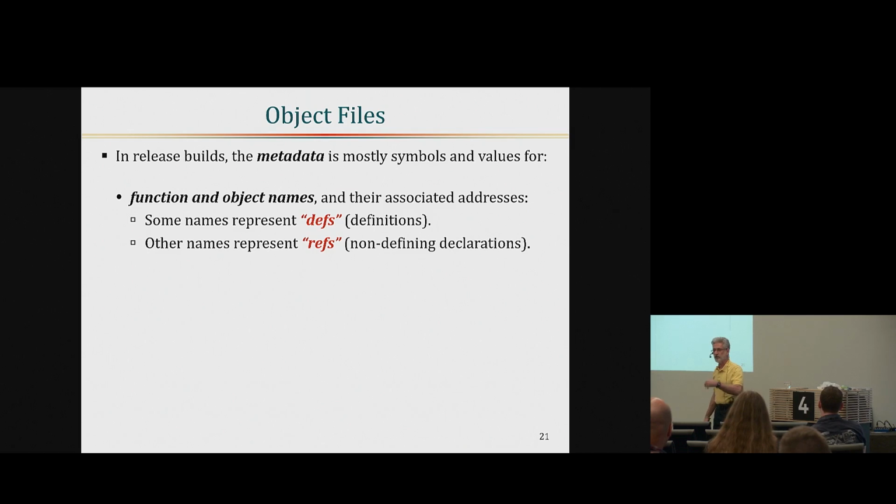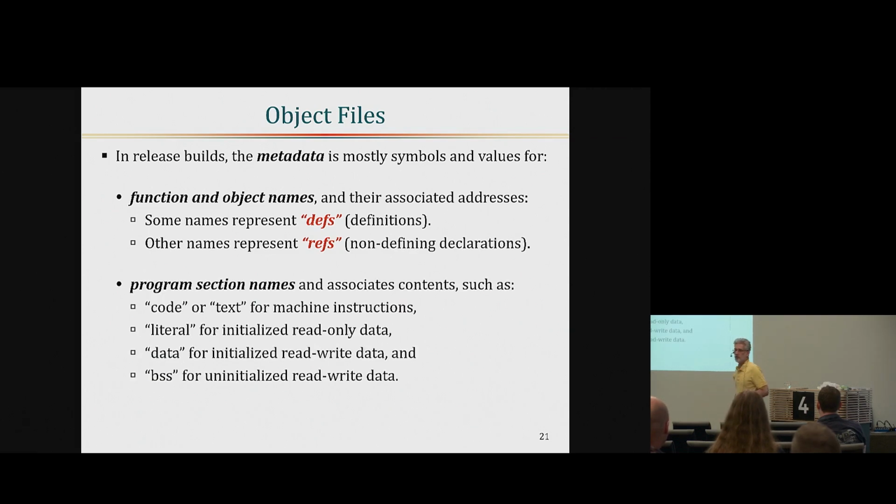They are the definitions of things like functions and objects, and they are references to things like functions and objects. And the linker's job is to make them talk to each other. And once it figures out numerically where those addresses are, it says, I don't need that information, and throws it away. It doesn't wind up in the executable itself.